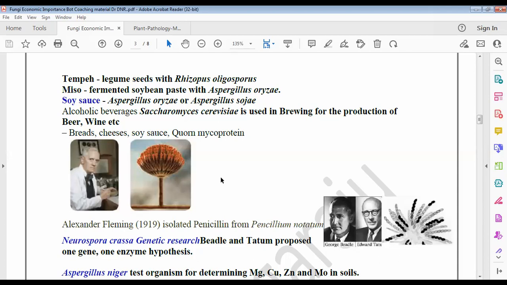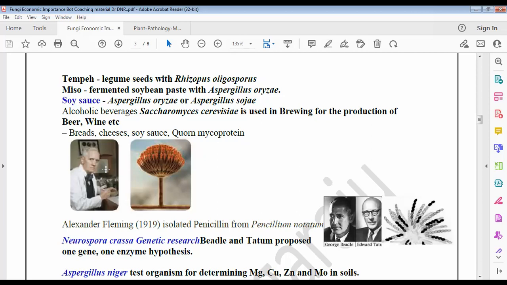It is the wonder drug. During the Second World War, so many soldiers were cured because of this antibiotic. Here is Alexander Fleming. He isolated penicillin from Penicillium. You know how he discovered it?